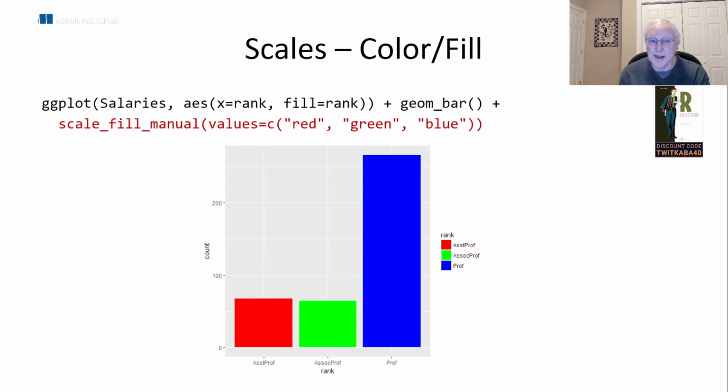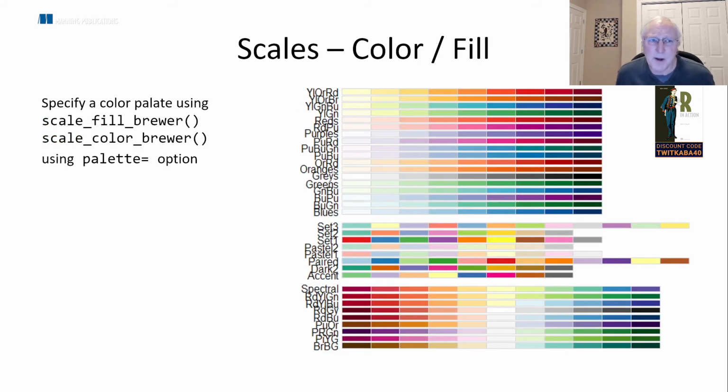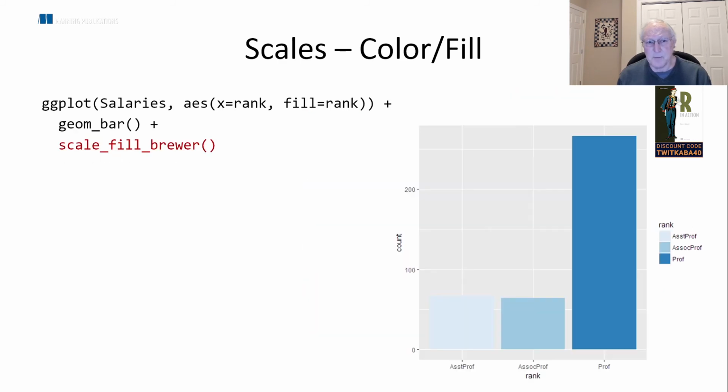Now luckily, R also provides, and ggplot provides, pre-made palettes from people that are a lot better at colors than I am. One of the most popular is the Brewer package. And so these are different color palettes you can choose. And this will be built into ggplot too. And so, for example, the default is this color palette, light blue to dark blue.